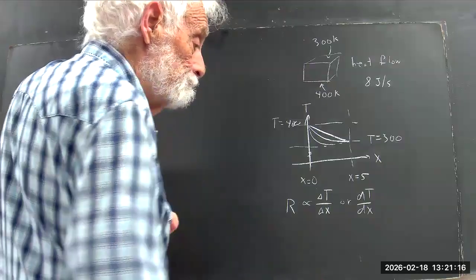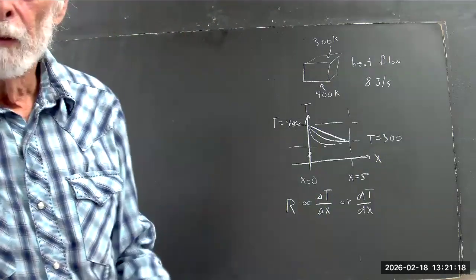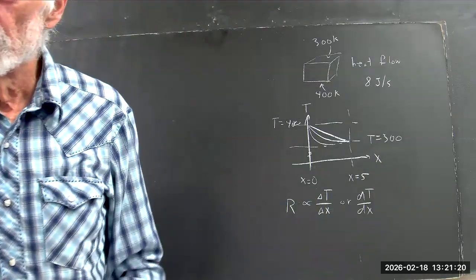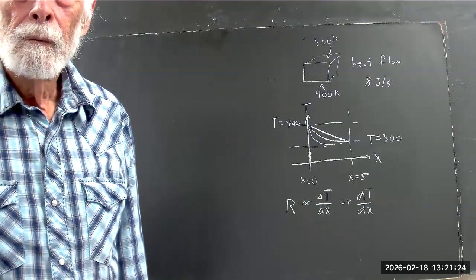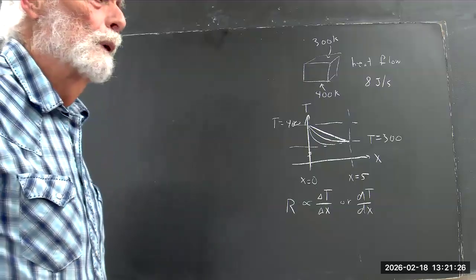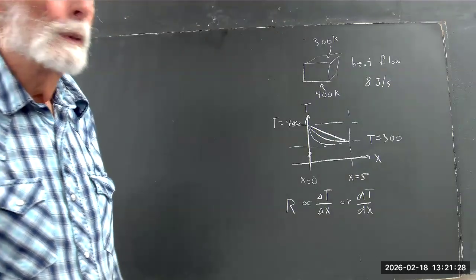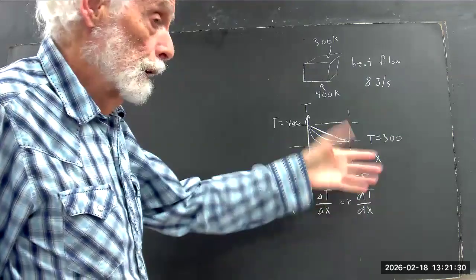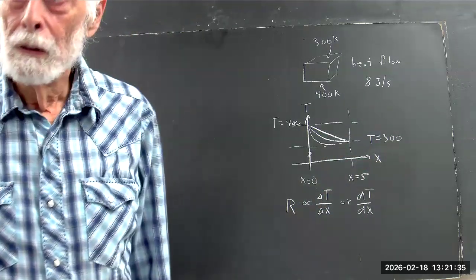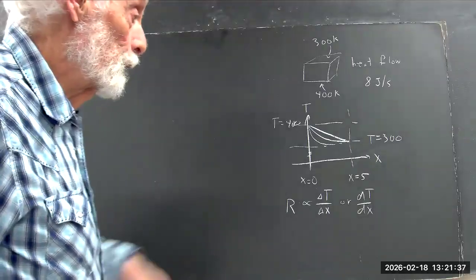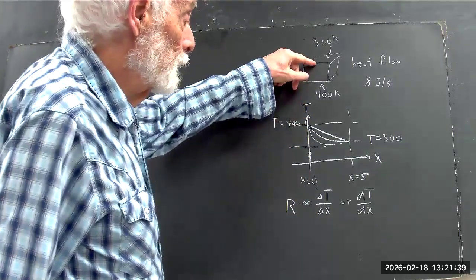I set the stack down for people and asked them, okay, estimate the temperature gradient. Somebody said, delta T over delta X or dT/dx. Okay, so how are you going to use that to estimate? Well, you've got to know what the distance is between here and here.